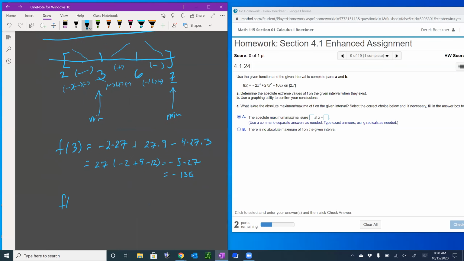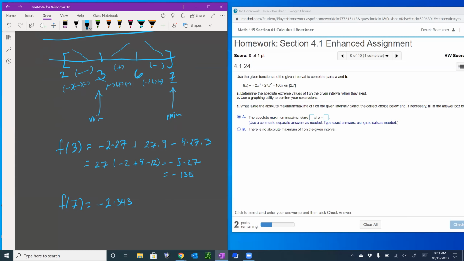And f of 7 isn't going to be as easy to calculate. Minus 2 times 7 cubed is, I think, 243. No, that's 8 cubed. That's 343. Yep.